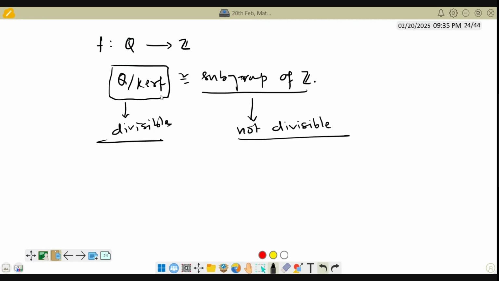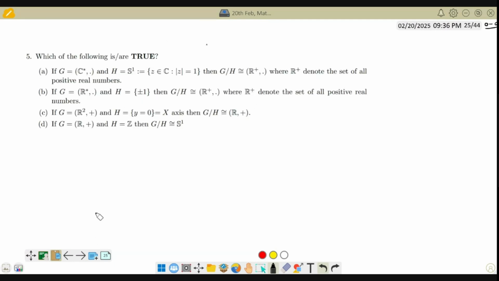So they can't be isomorphic. I mean, there doesn't exist any non-trivial group homomorphism. This way you can argue. Even I have given you one proof using the definition of group homomorphism. So don't worry about divisible groups.